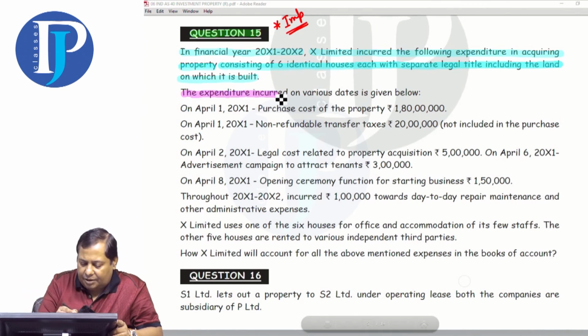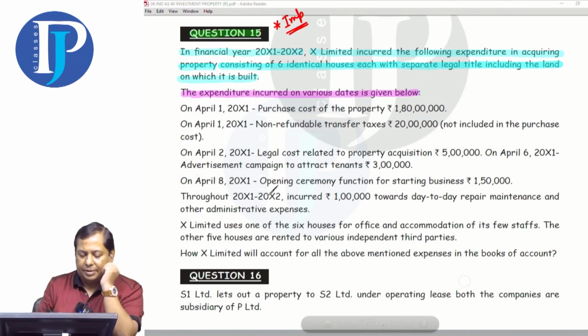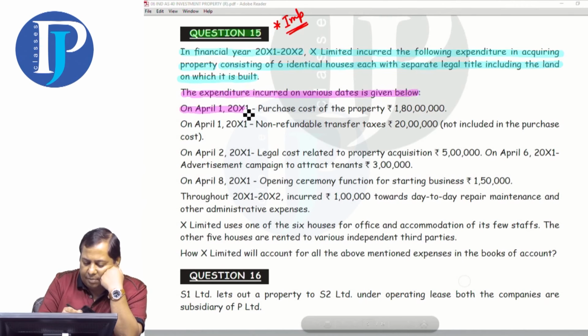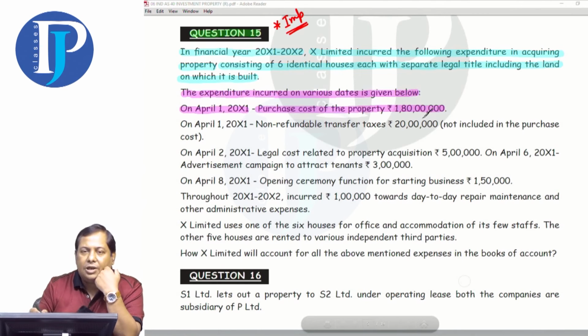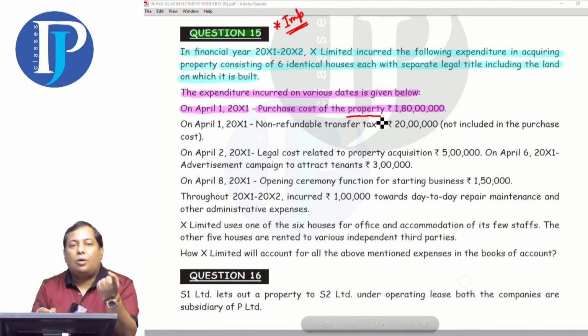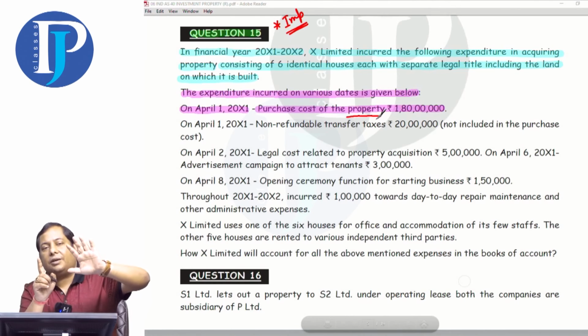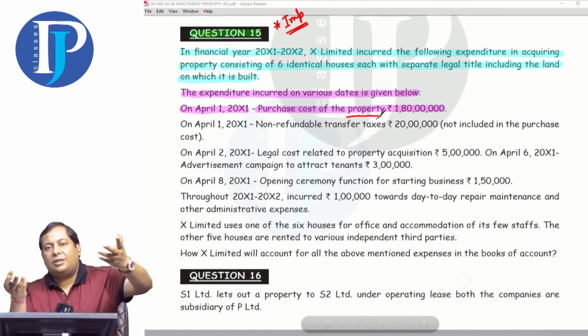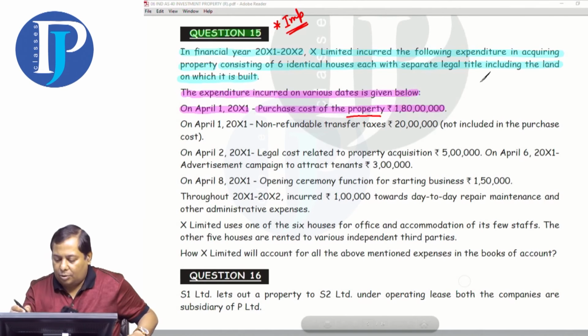The expenditure incurred on various dates is given below. Firstly, they purchased that particular property on the first day of April at 1 crore 80 lakhs. We didn't buy a house, we bought a property, and there are 6 units inside the property. So I bought all 6. So this is 1 crore and 80 lakhs, right?